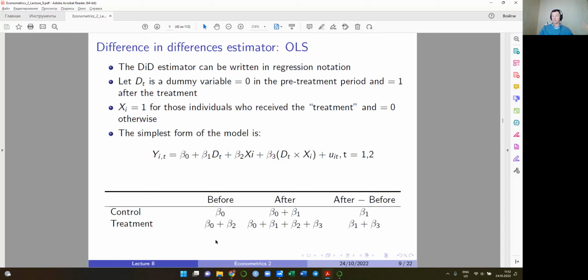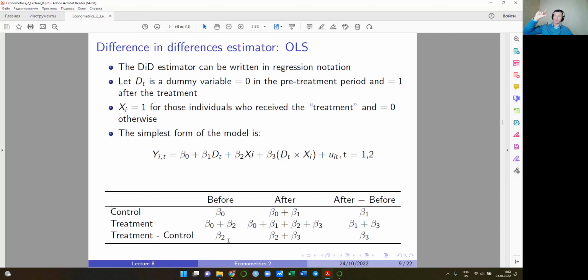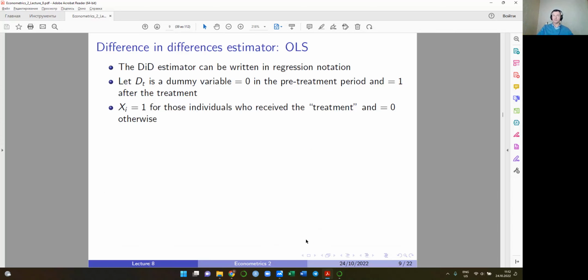So now the last line is the difference between treatment and control group here. Treatment minus control, before it's beta 2, the vertical distance between the lines on the picture before. And after it's beta 2 plus beta 3. You see that this difference contains two parts, beta 2 and beta 3.